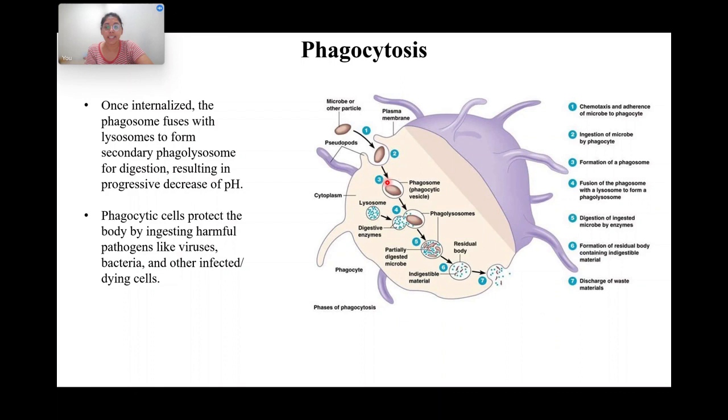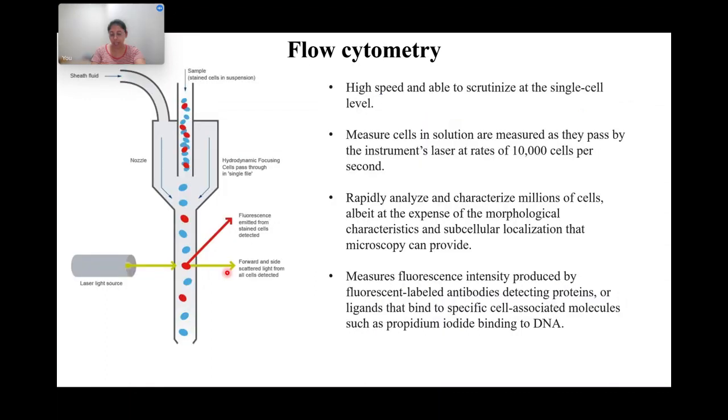So you have this big setup here with which you can identify what kind of cell just entered, or what kind of cells are present in the system by passing one cell at a time and recognizing that cell. It can also measure the cells in solution, how many cells have passed per second, and it can do rapid analysis, characterizing millions of cells.